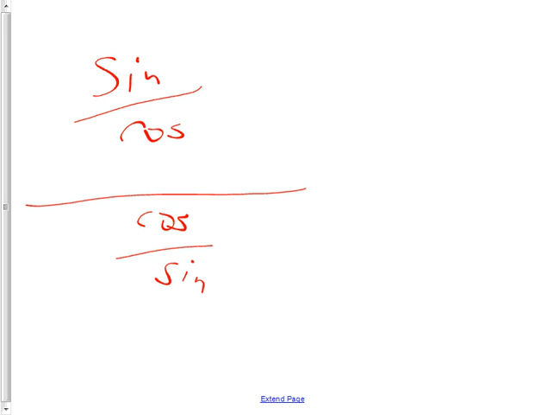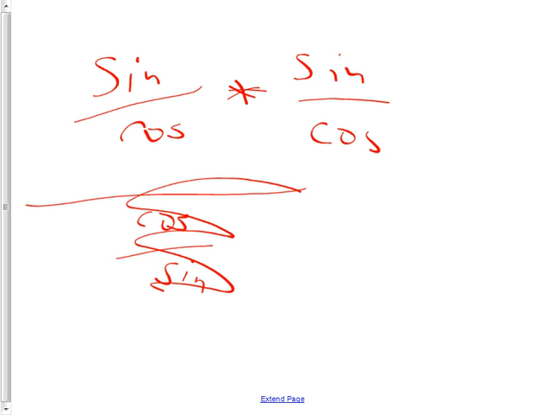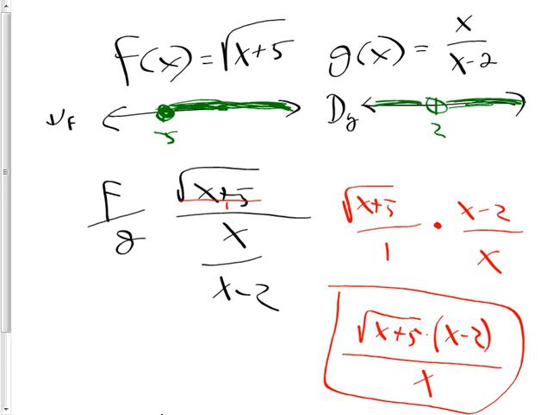Oh, I actually was wrong. The way I set it up, when I flip it and multiply, I would actually get sine squared over cosine squared, and that equals tangent squared. But you will learn that later. Okay. Anyway, the point is you've got to know this fraction over fraction stuff.